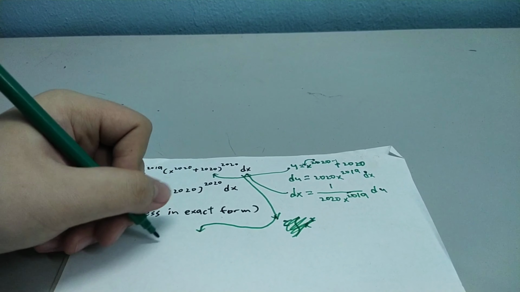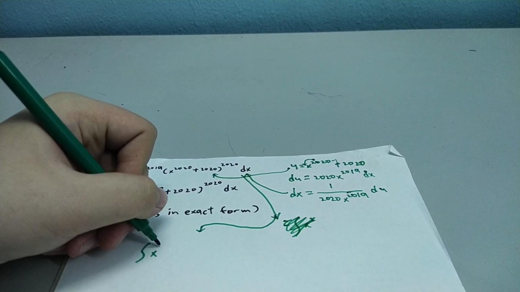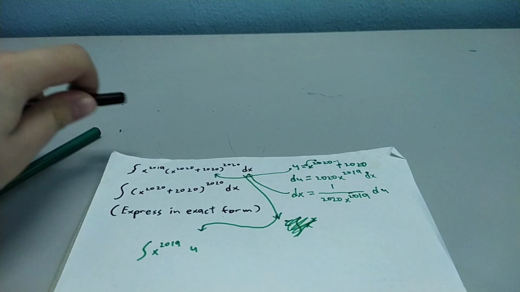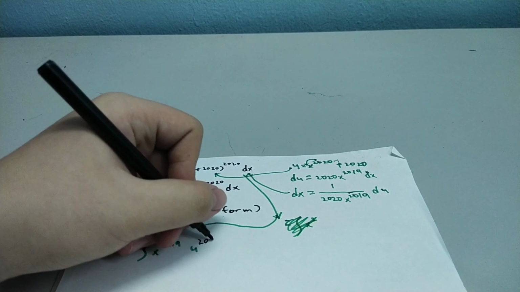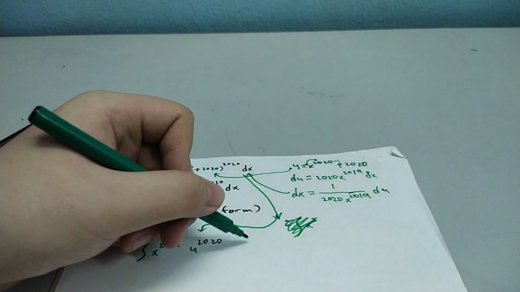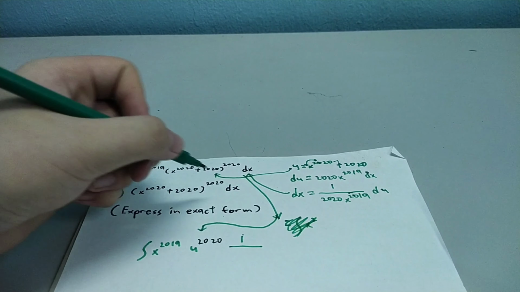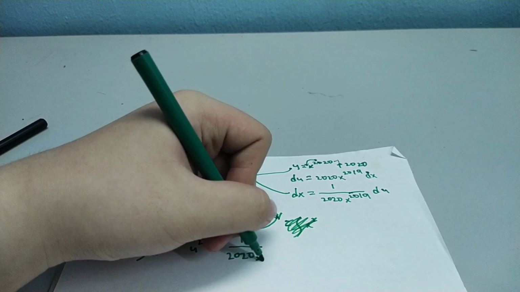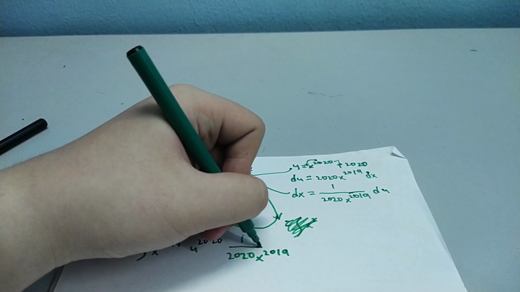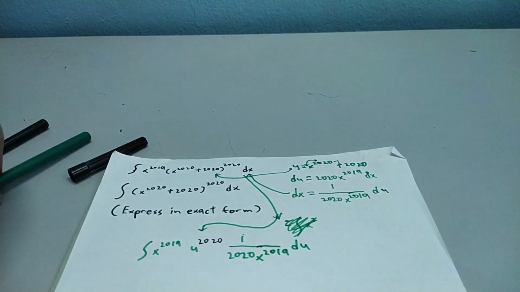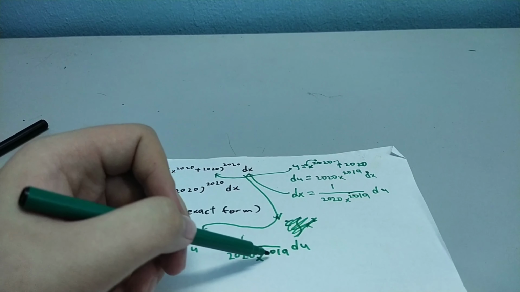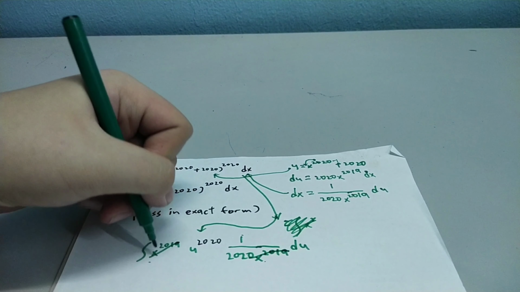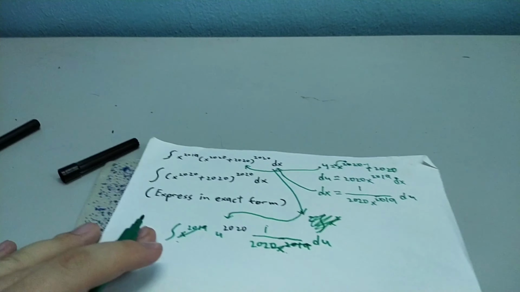I will get the integral of x to the 2019th power times u to the 2020th power times 1 over 2020 times x to the 2019th power du. And look at what we got here. The x to the 2019th powers can basically cancel out, right? They can basically cancel out.